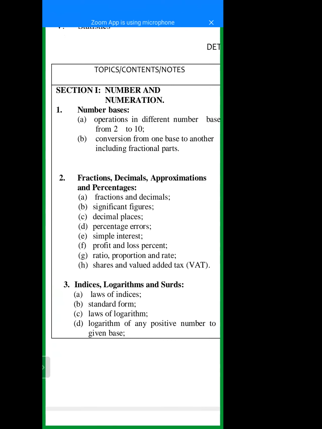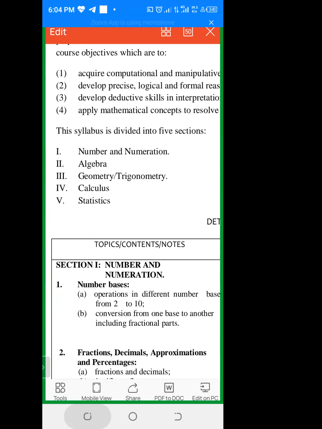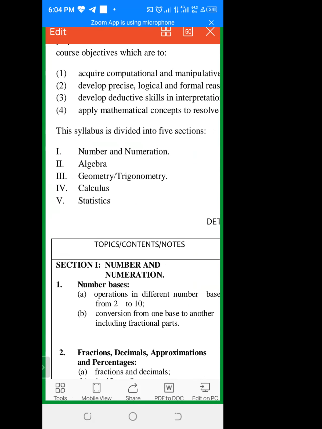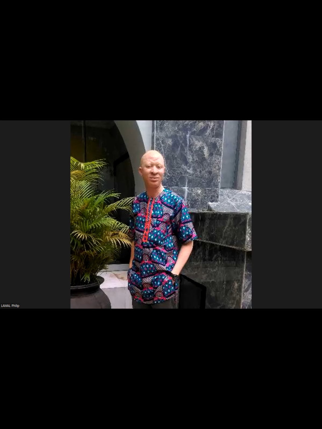So today now, I've prepared some questions under number bases actually, that I'm going to be giving, past questions from JAMB. So I'm going to be writing them.